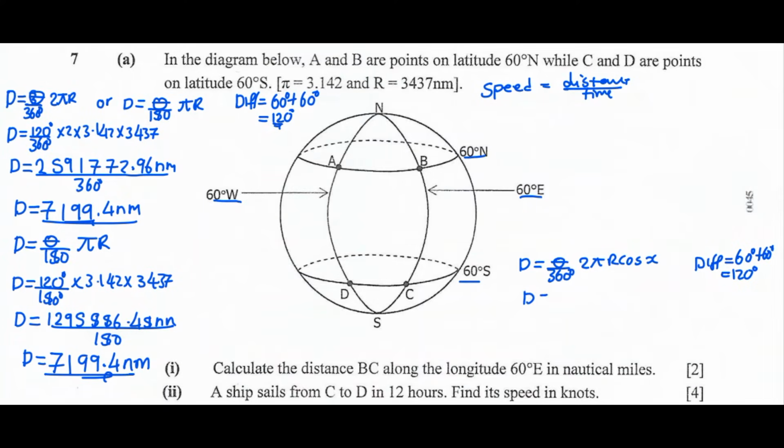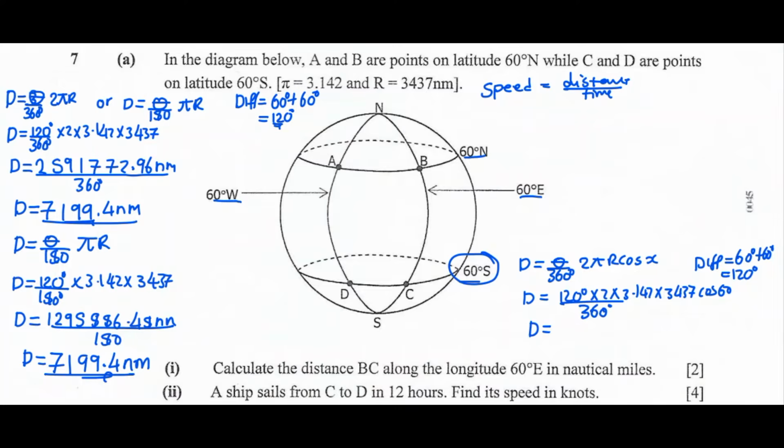So distance is equal to 120 times 2 times 3.142 times 3437, then cos of the latitude where these two places are, which is 60 degrees, over 360.